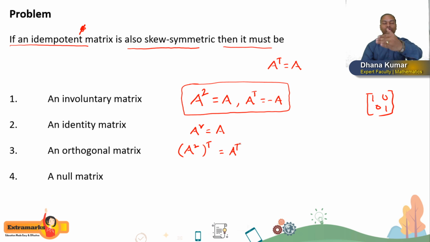Now one property is there: A square whole transpose can be written as A transpose whole square, interchangeable. So that is equal to, but A transpose is what, given condition? Minus A.